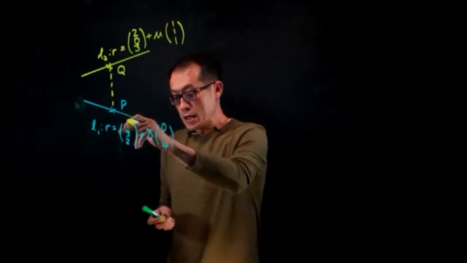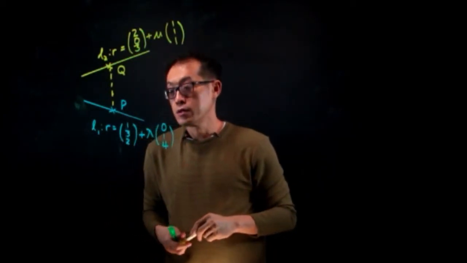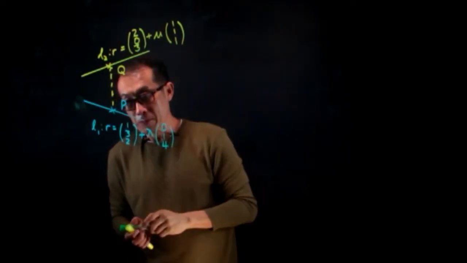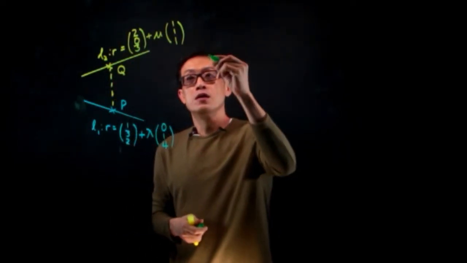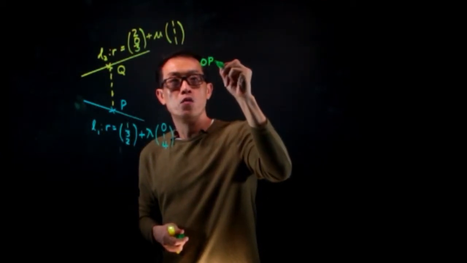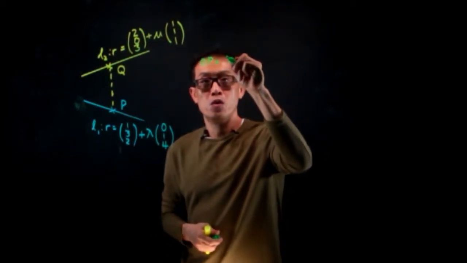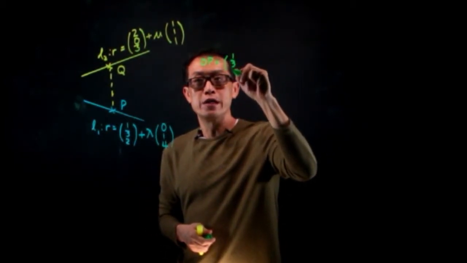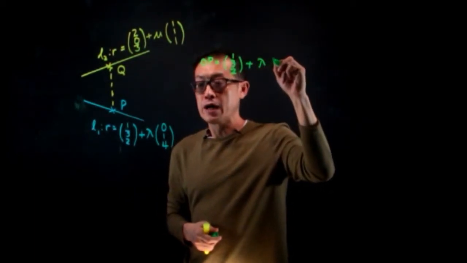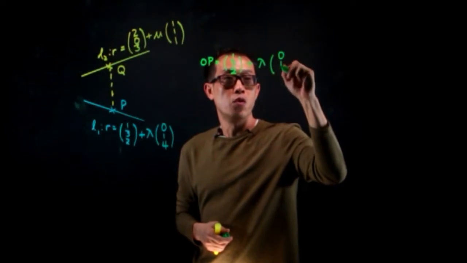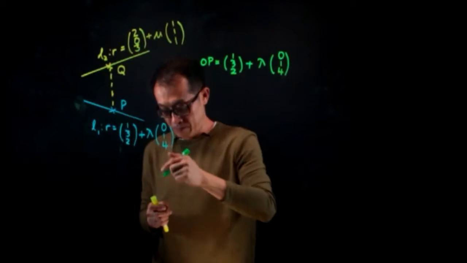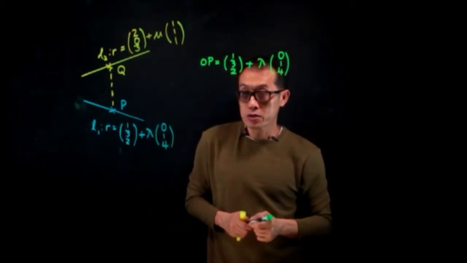Now, since P is a point on L1, let's write the position vector of P. So you will have OP equals (1, 3, 2) plus lambda (0, 1, 4), for a specific lambda, this is P. Now, what is OQ?